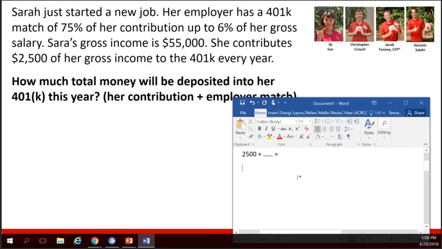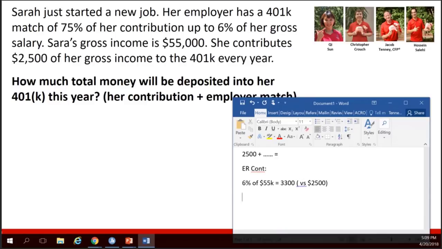So we have $2,500 plus employer contribution. Her employer contribution is going to be, first of all, you need to calculate the 6% of her gross salary, which is 300, okay? And then the next step is that you compare the 6% with her actual saving, which is 2,500.